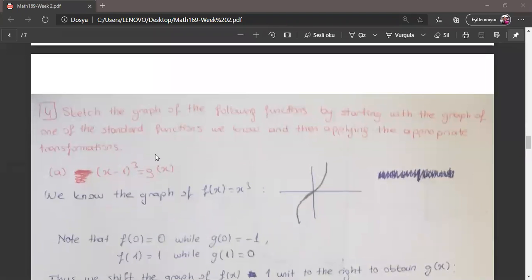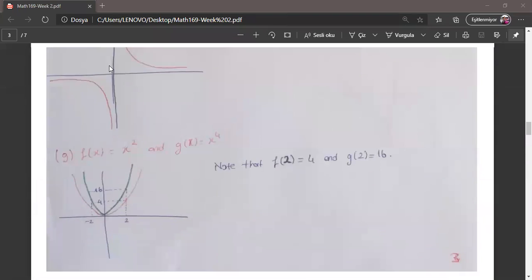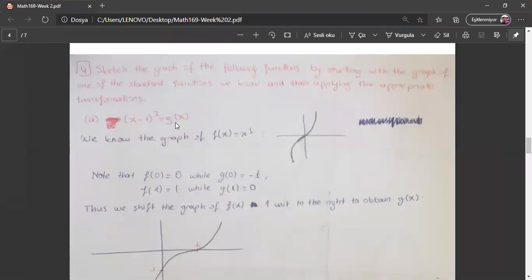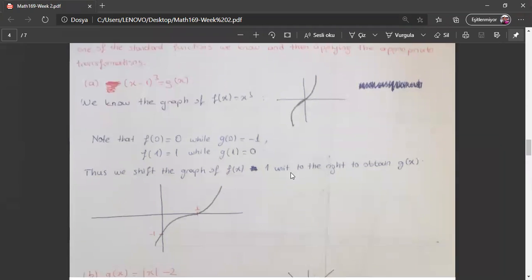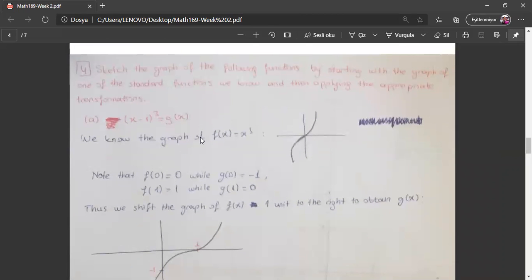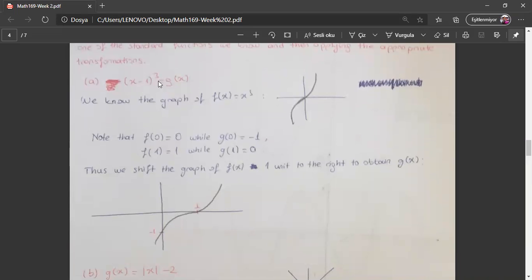Now we will use the previous graphs to find the graph of the given functions. Here we're given g of x equals x minus 1 to the 3. The function that we know better is x to the 3. Before we solve that, let's compute a few values of the functions f and g at the same points to see clearly what happens when we change to this function.